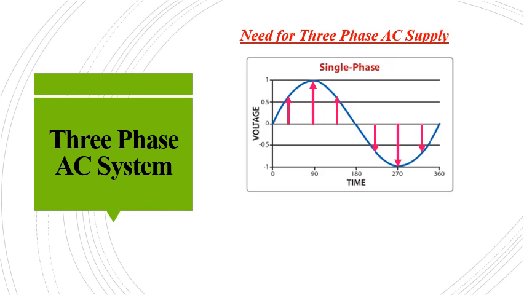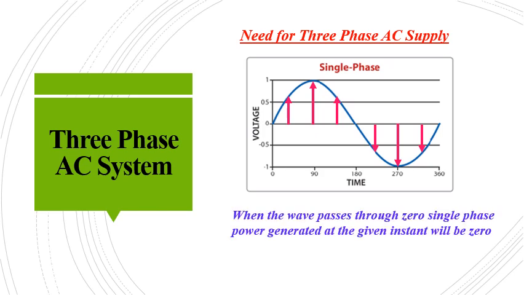And the power generated in a single phase AC circuit at these 0 crossings will also be 0. So a non-uniform power is generated in the case of a single phase supply.